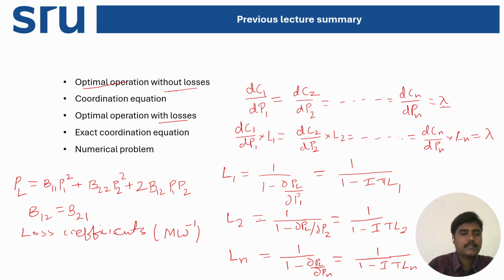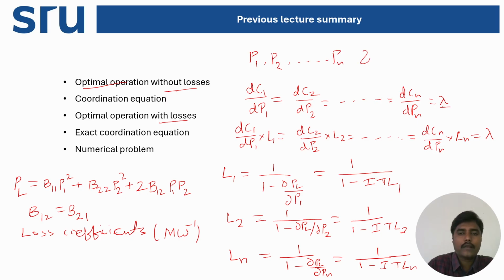In this lecture, we are trying to solve many problems by using all these equations. Let's understand how we can implement these conditions in solving the economic load dispatch problem and in determining the individual units' power values such as P1, P2, and so on up to Pn.